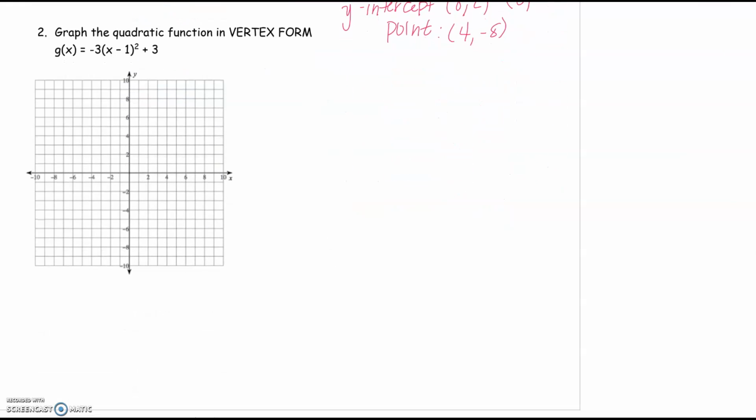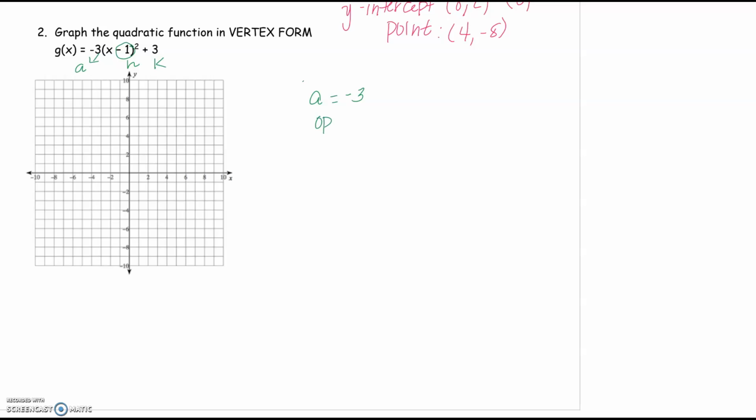Remember, vertex form is nice because it already gives you your h, k, and your h, k is your vertex. Remember, I kind of circle this. This is my h, this is my k, okay? This is also my a right here, whatever's in front of the parentheses. So we can start again. What is our a? It's negative 3. Just happens to be the same thing.